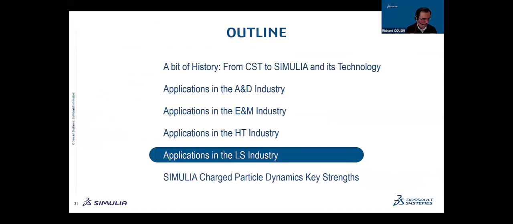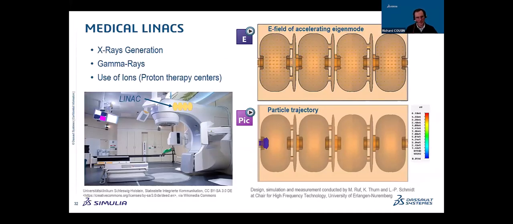Let's now move on to the next applications, which are related to life science. One of the main applications we have related to life science is the medical linear accelerator. For instance, you can see in the picture on the left-hand side a linear accelerator, which is embedded into such a structure.